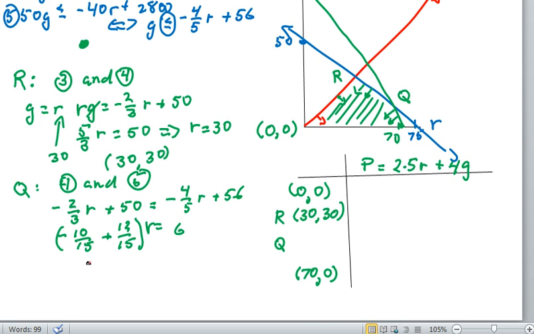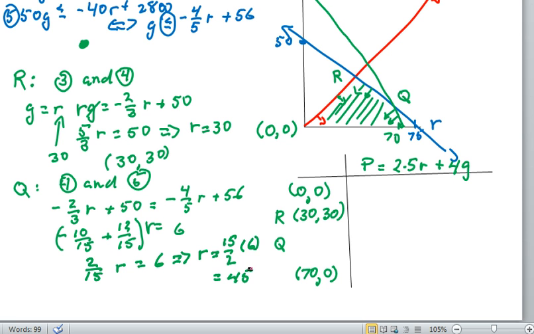That is 2/15 r equals 6. So r equals 15 over 2 times 6, which gives 45.